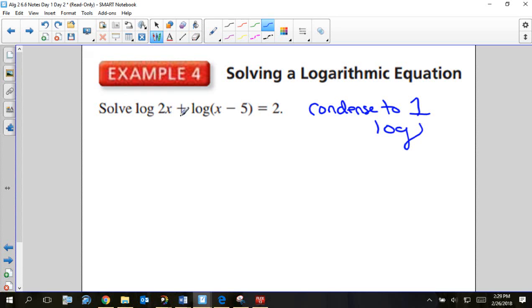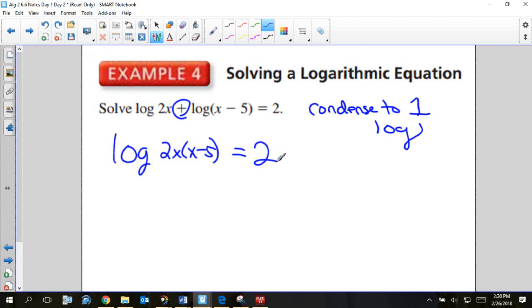So when I condense, what does addition mean? It means we multiply. We write one logarithm, and then you multiply together 2x times x minus 5. There's no logarithm on the other side, so I just leave it as 2. Once I have condensed it down to one logarithm, now I can cancel it. What's the base of log? 10.